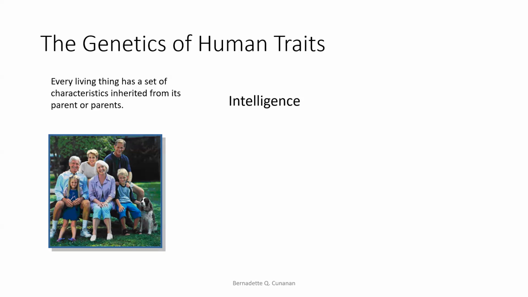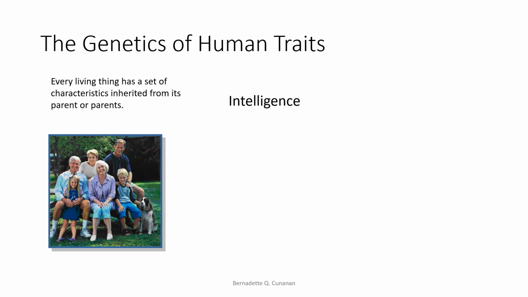One is intelligence, guys. Like most aspects of human behavior and cognition, intelligence is a complex trait that is influenced by both genetic and, of course, environmental factors. Now, intelligence is challenging to study because, in part, it can be defined and measured in different ways.